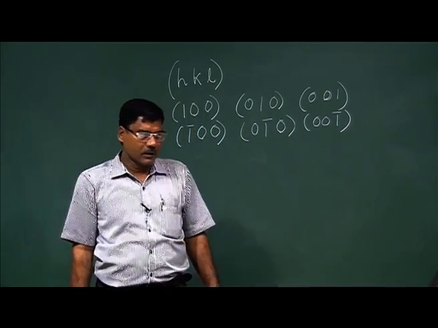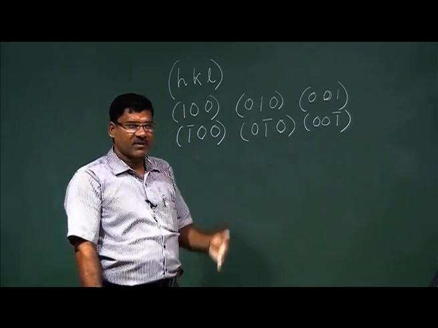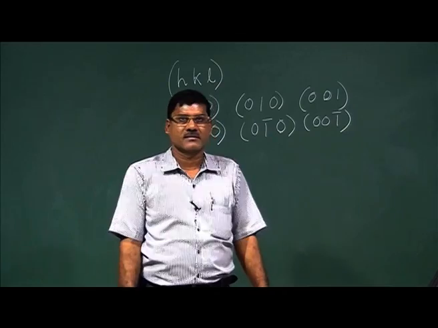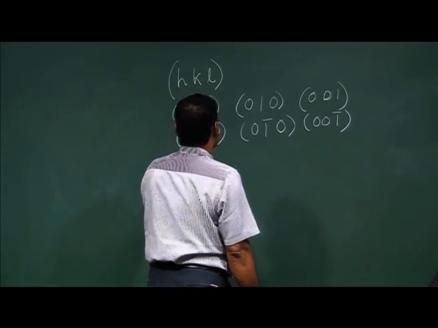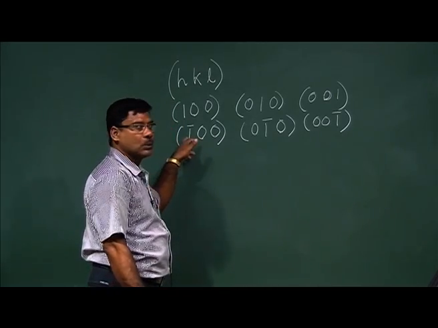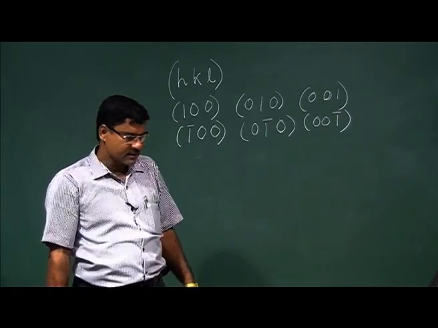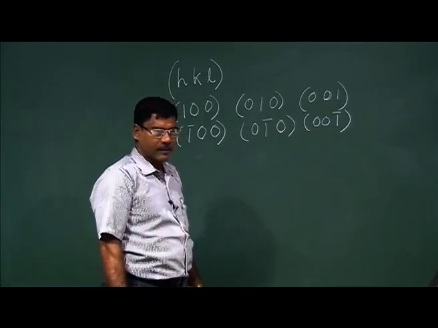Okay. So, here I just want to say that if it intersects at the negative direction of the axis, that information we include in the Miller indices by putting the bar on the indices. Okay.